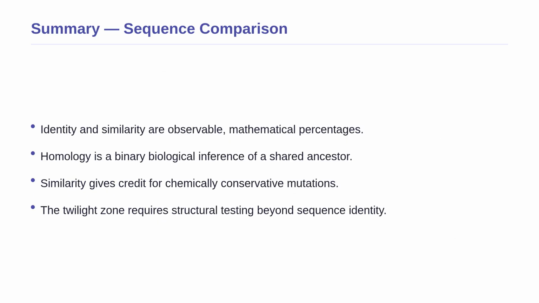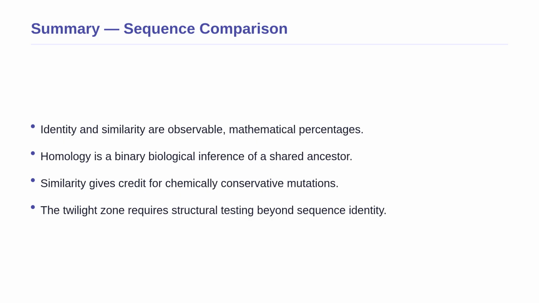To wrap up our lecture, let us reinforce the most important ideas we have covered. Always remember the fundamental difference between observation and inference. Sequence identity and similarity are mathematical measurements of resemblance, always expressed as percentages.